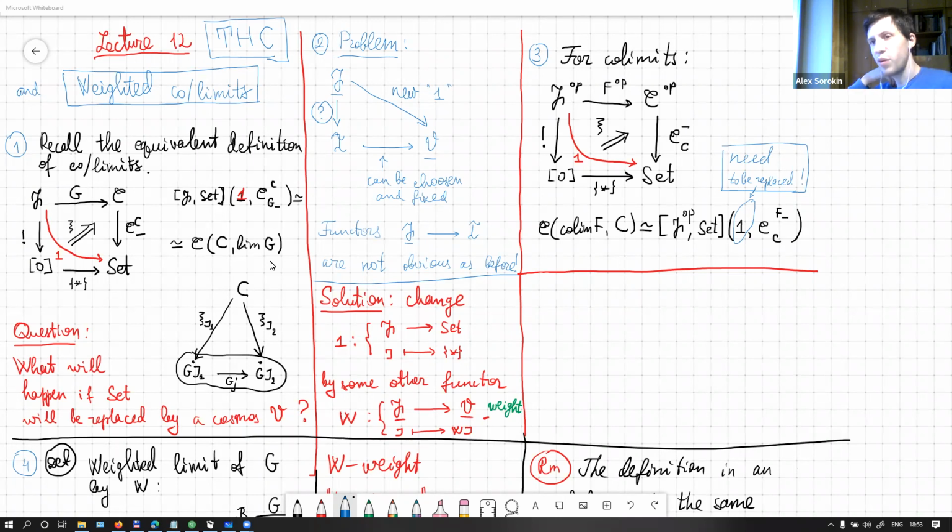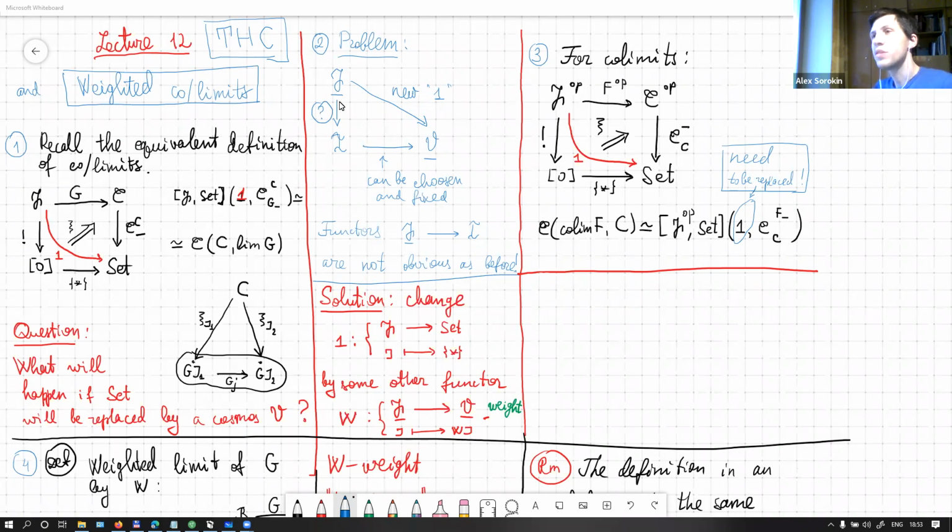And we have the following question. What will happen if the category of sets is replaced by some cosmos V? In a cosmos, when we have a cosmos V and enriched category theory, we do not have such a terminal functor, as we don't know how to choose. Right now, I'm looking at the central column.